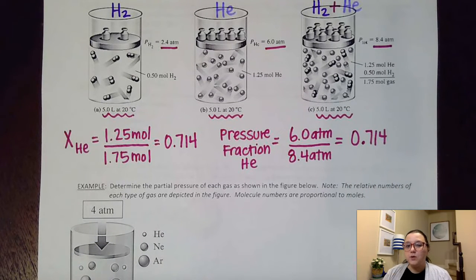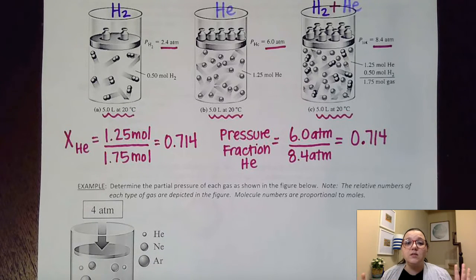So here's something really important I want us to understand. The mole fraction, the fraction of the moles, is equivalent to the pressure fraction. That can really come in handy if I'm trying to solve certain problems where maybe I have more information about pressure than I have about moles or vice versa.